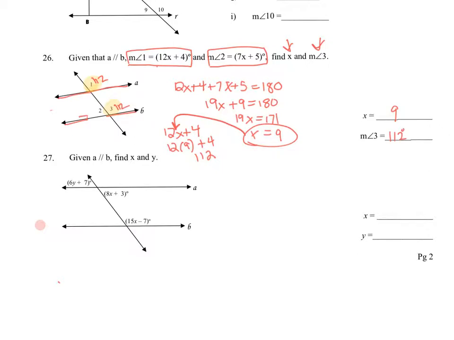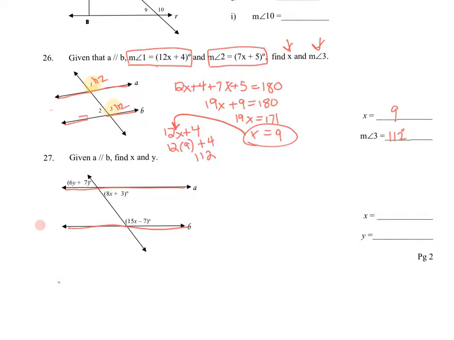All right, let's look at number 27. We are given that line A is parallel to line B, and we're asked to find x and y. So I'm looking about and trying to figure out a relationship that I could use to set up an equation that I would be able to solve.